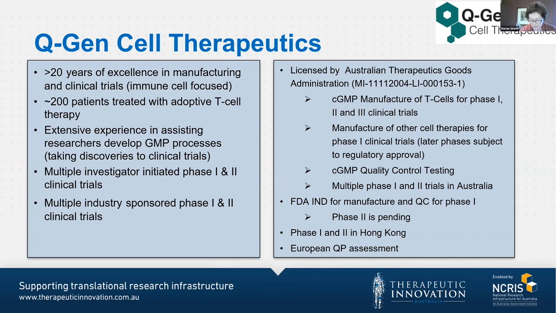It participates in both investigator-driven and industry-sponsored clinical trials also, and I think you'll find all of the facilities have that activity in common. QGen is TGA licensed to manufacture for phase 1, 2 and 3 clinical trials in Australia, and is manufacturing for international early phase clinical trials.